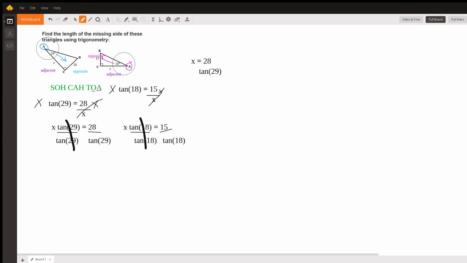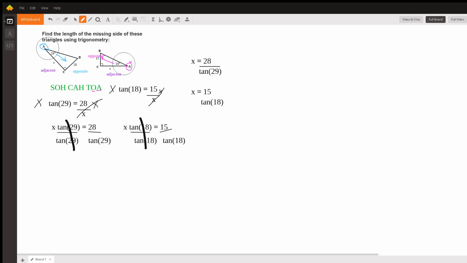And on the right, I have X equals 15 divided by the tangent of 18. Now, when you go to put these on your calculator, be sure that your calculator is in degrees, because you'll get a really wrong answer if it's in radians.